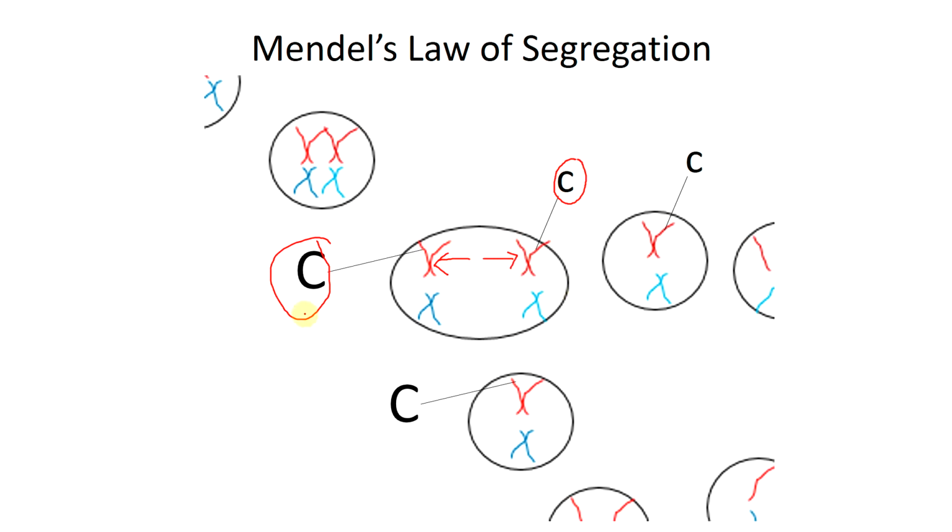They go their separate ways. So that big C goes this way to one cell, the little c goes this way to another cell, and that is where they segregate or separate, and that is why they end up in different gametes. And that allows for the separation of those traits and the equal division of that trait between the gametes.